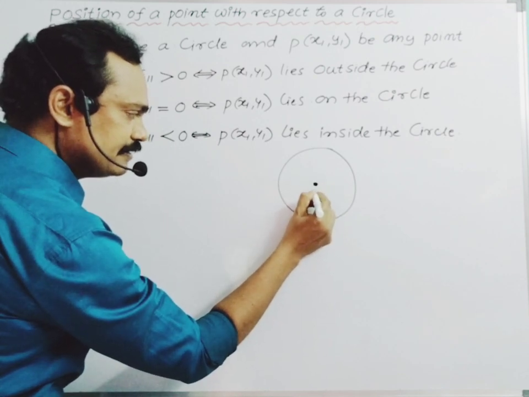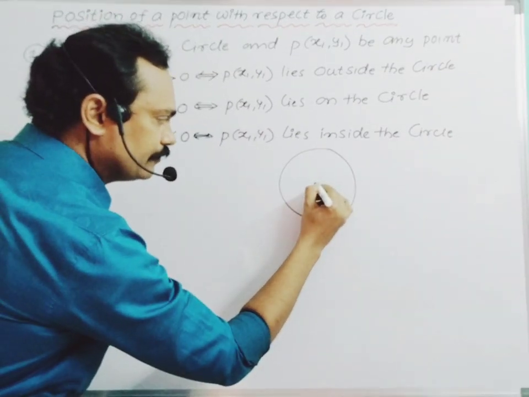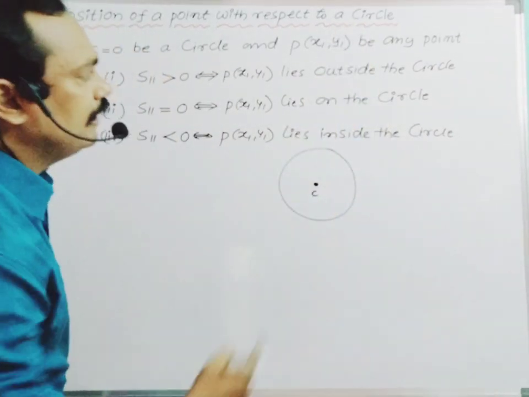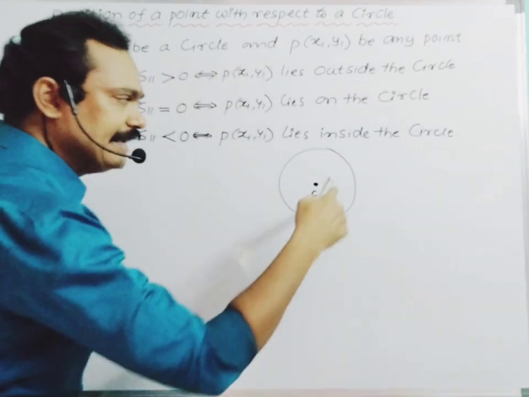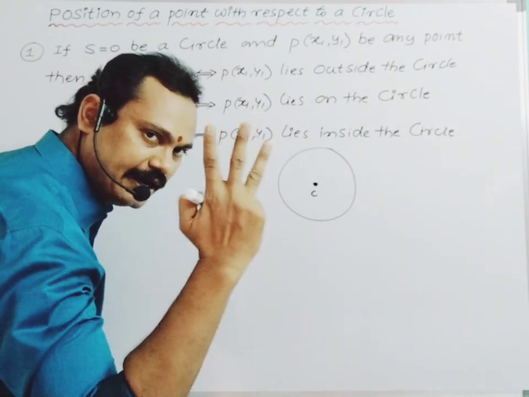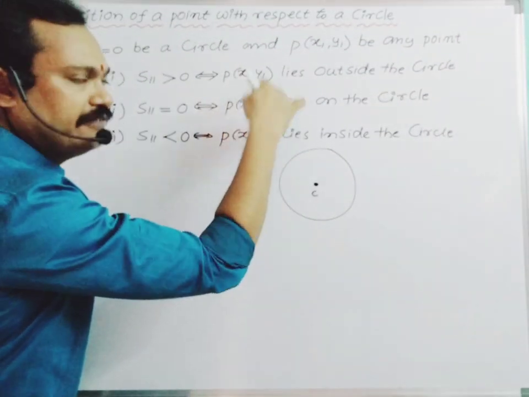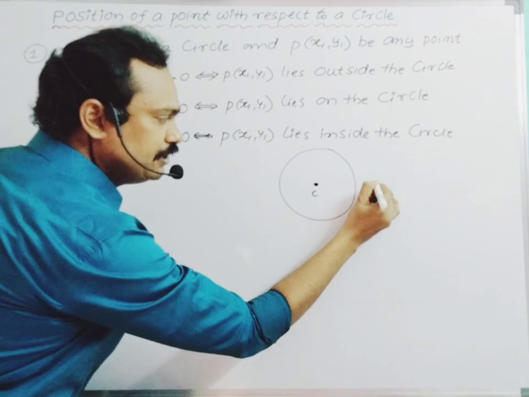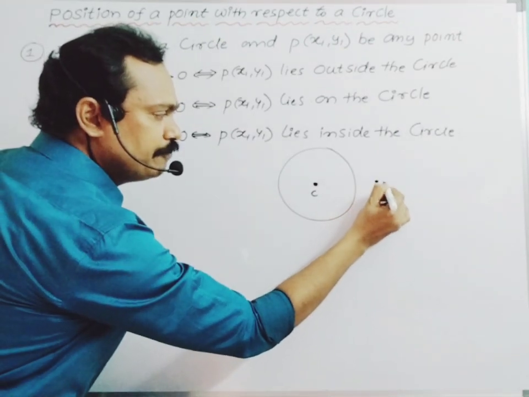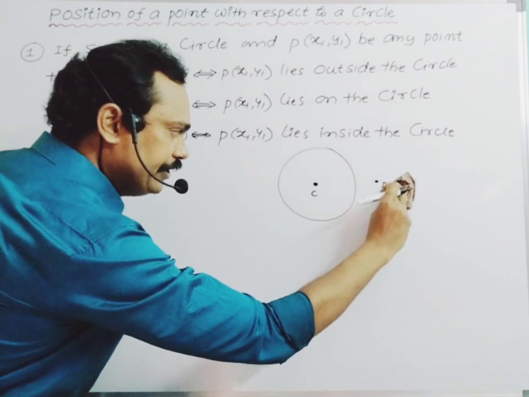This is C, the center of the circle, and P may lie on the circle, inside of the circle, or outside of the circle. First one, if P(x1, y1) lies outside, suppose P is in this position. Later I will take these coordinates of P.